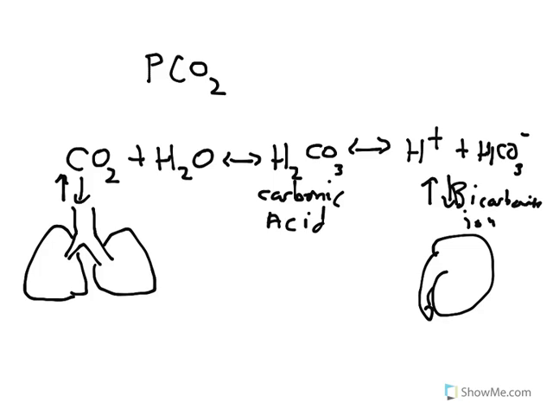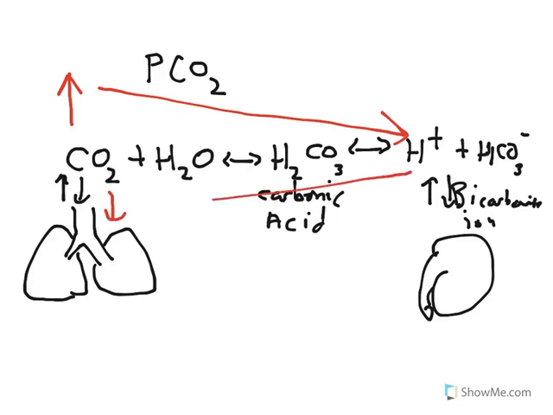And something crucial to understanding this, if you remember back in Chapter 2, for those of you who have had A&P 1, is that this is an example of what's called an equilibrium equation. Anytime I raise something on one side of an equilibrium equation, it always shifts the equation towards the other side to balance it out. If I decrease the level of something, it will shift the equation that way.